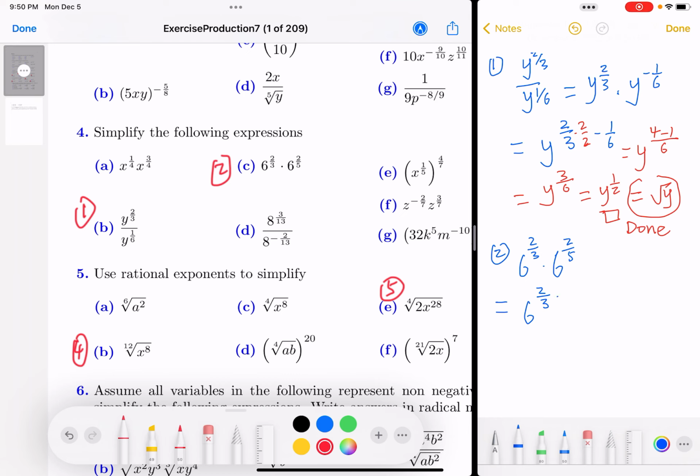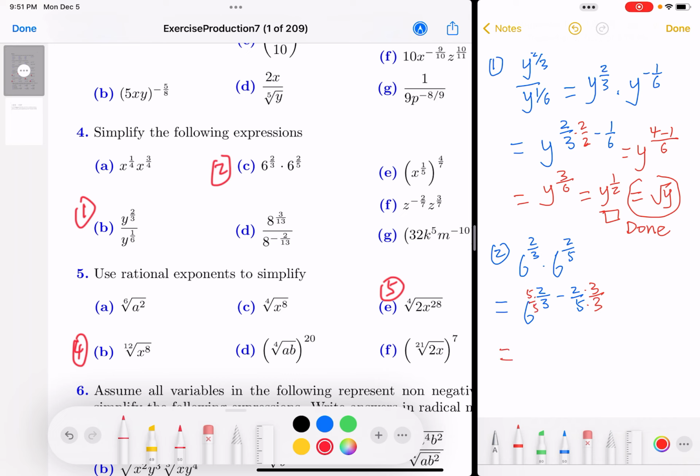That would be 2/3 plus 2/5. In order to put those two together, you need to make denominators be the same. So here times 3, upstairs and downstairs. And here times 5, upstairs and downstairs.